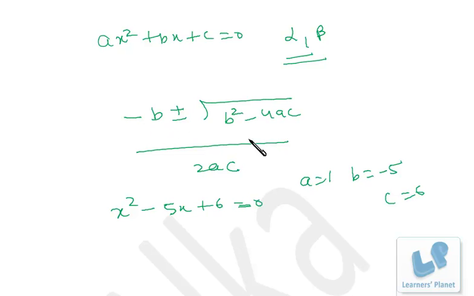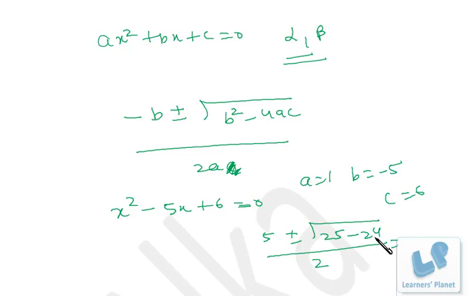So it's minus of minus 5, which is 5, plus minus square root of b square, that's 25, minus 4ac, 4 into 1 into 6, that's 24, by 2a. It's not 2ac, it's only 2a, so 2.